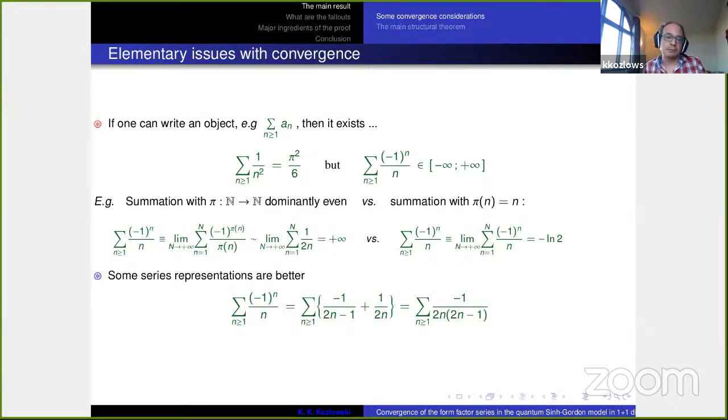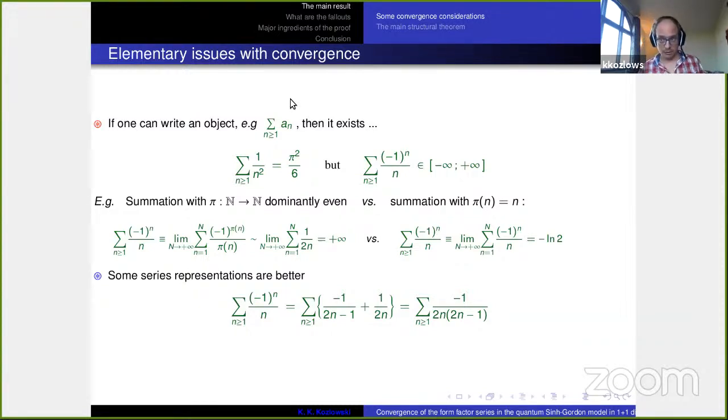So let me first start with some elementary considerations, because it shows very well what may be going on. When one analyzes some physical problem, very often, for instance by doing some perturbative expansions, one expresses the answer in terms of some closed expression given by a series.